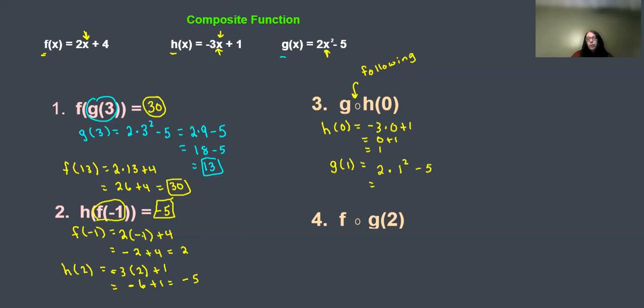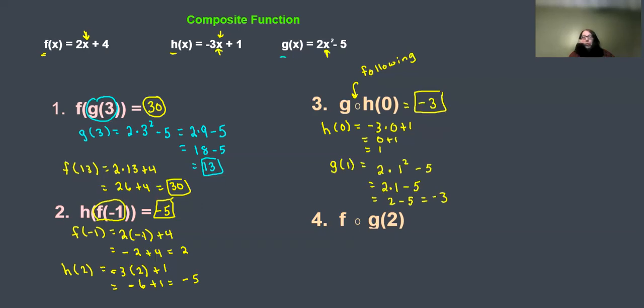Order of operation tells you to square first. 1 squared is 1. 1 times 1 is 1. 2 times 1 minus 5. 2 times 1 is 2, minus 5 is -3. So this equals -3.